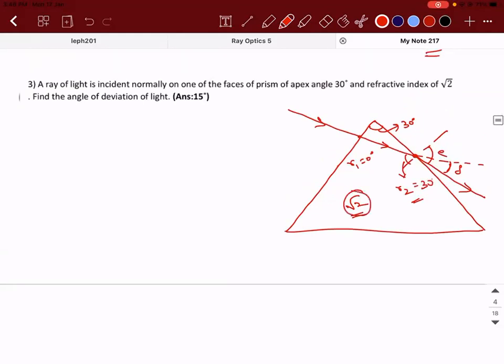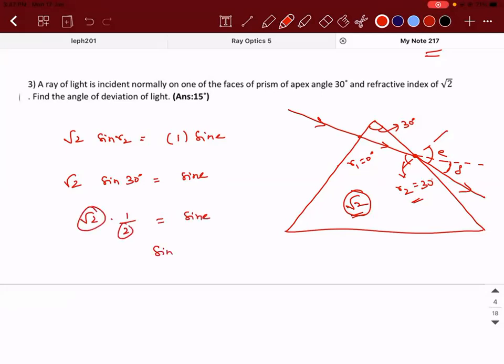Refractive index of material is √2. Can I write √2 times sine R2 is equal to 1 times sine E? What did I apply? Snell's law. So √2 times sine of 30 degrees is equal to sine E. So √2 into 1/2 is equal to sine E. So sine E is going to be 1/√2, 45 degrees.